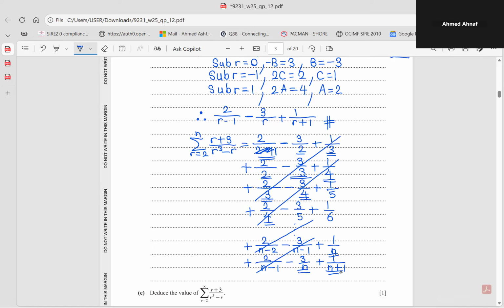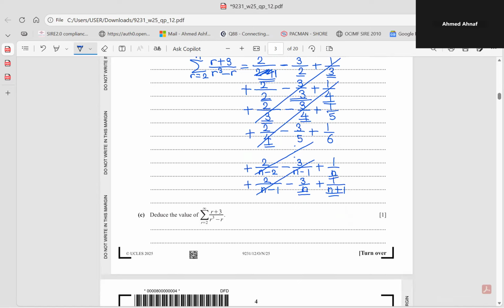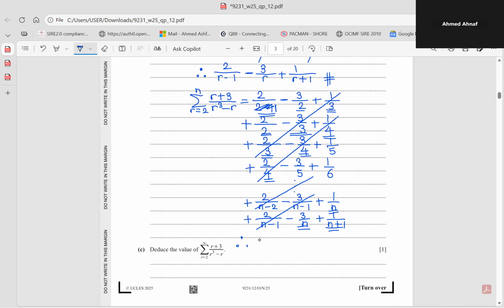So our final answer would just be 2 over 1, which is just 2, minus 3 over 2, plus 2 over 2, which is just 1, and plus 1 over 1 minus 3 over n, 1 over n minus 3 over n plus 1 over n plus 1.